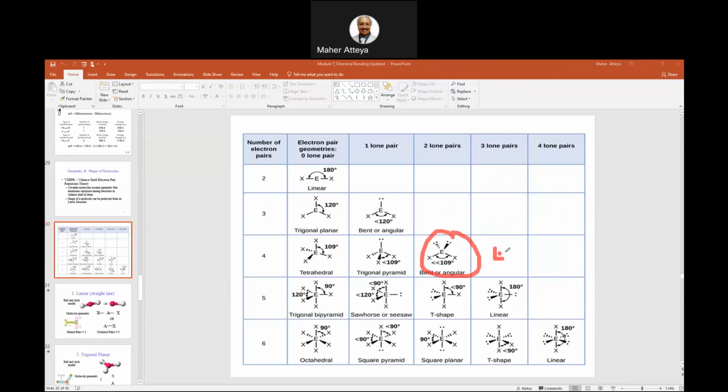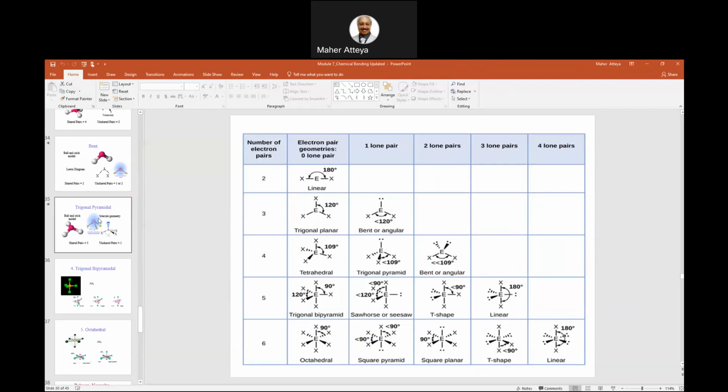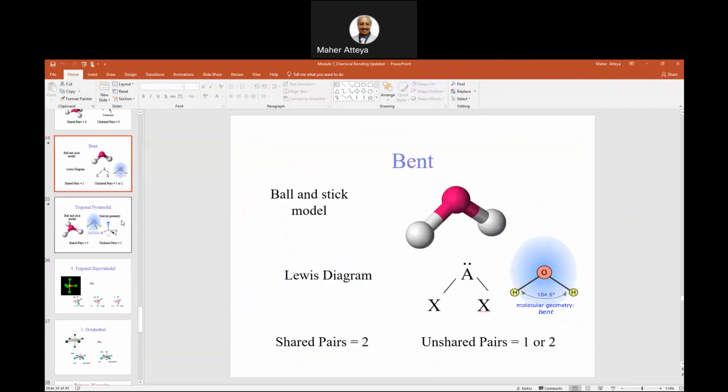I have X2. I have 2 sets of lone pair. So the shape will be what? The shape will be this one here. The shape is bent or angular. The shape of this is bent.